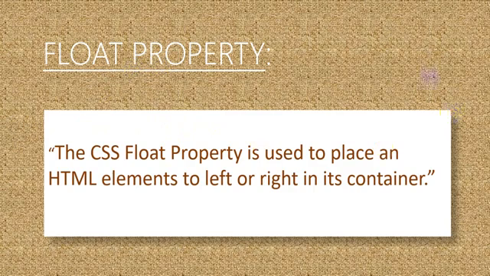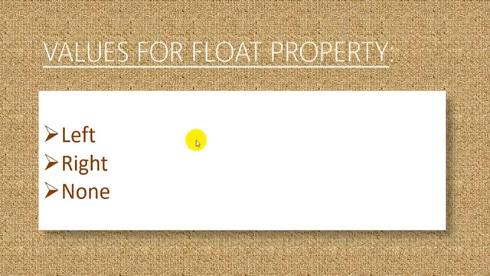Means if you don't want to place it anywhere, we assign none to float. From an exam point of view, if you are asked what the values for the float property are, the values are left, right, and none.